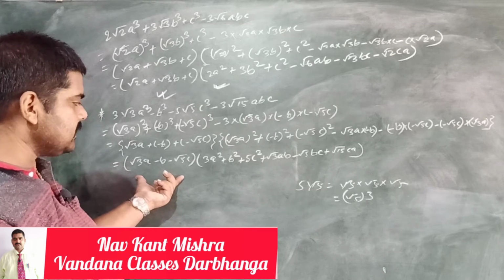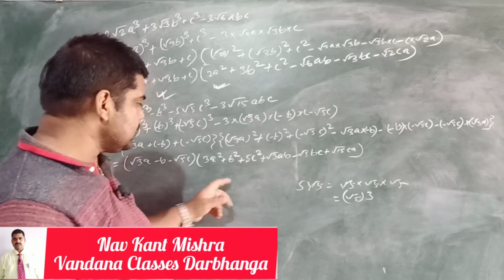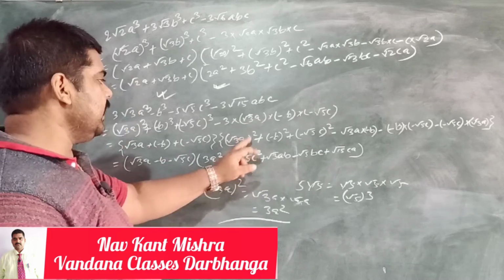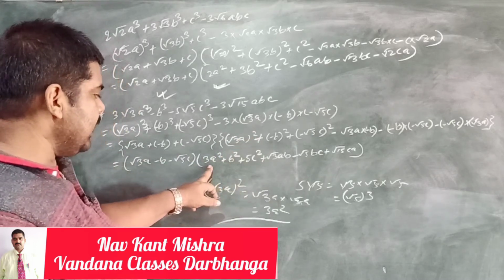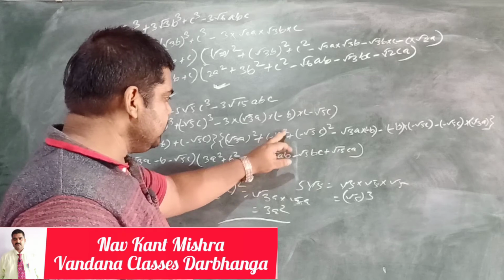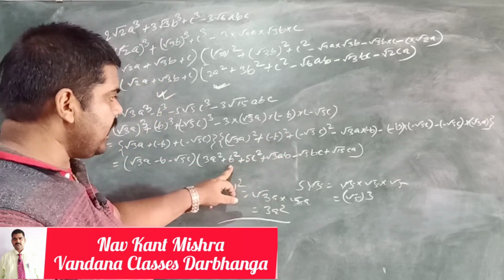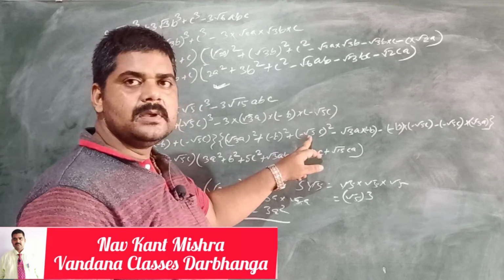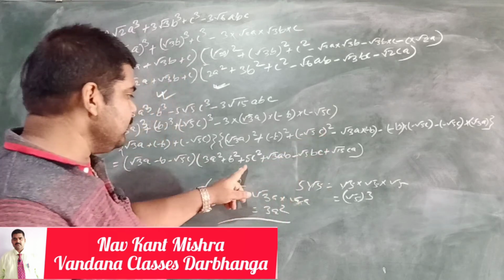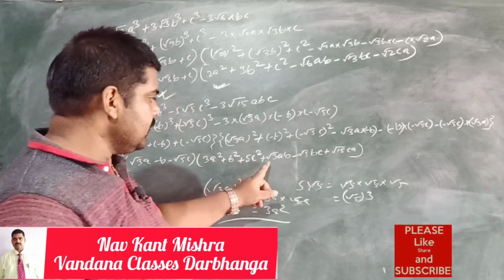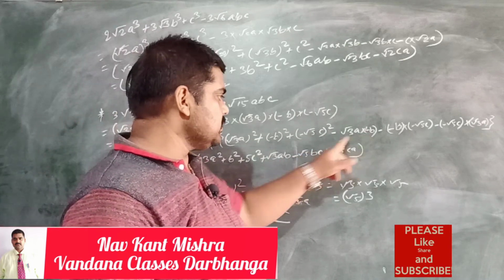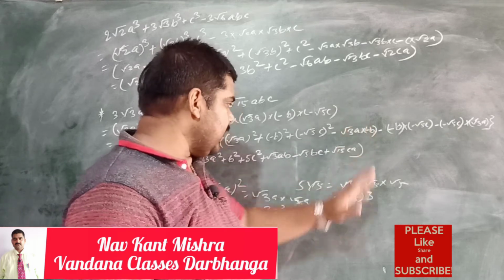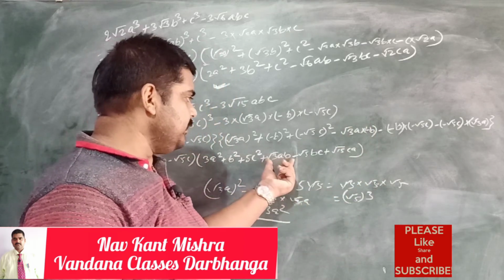This is one factor, and another factor is 3a square plus b square, because root 3a whole square can be written as 3a square, minus b square can be written as b square, minus plus, and root 5c square can be written as 5c square, minus plus root 3a multiplied by b, that is root 3ab.